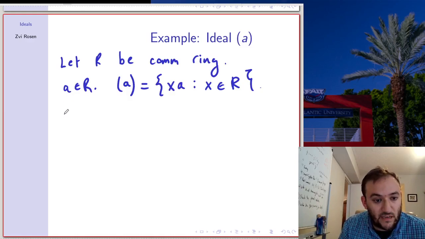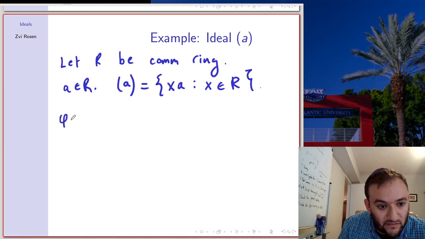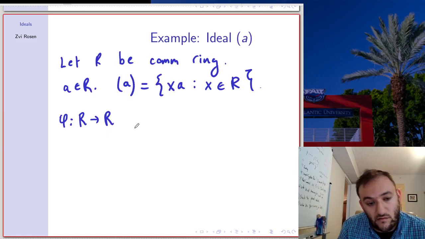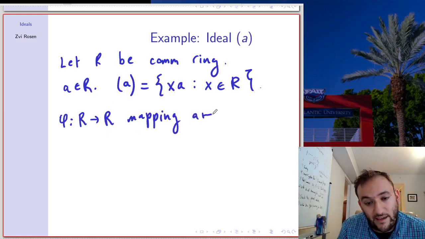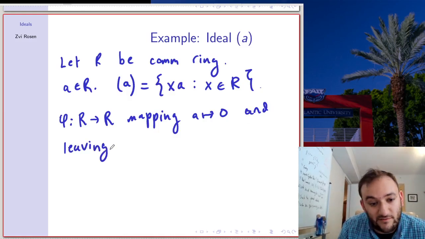Okay, so define phi from R to itself, mapping A to 0, and leaving things the same wherever else possible.